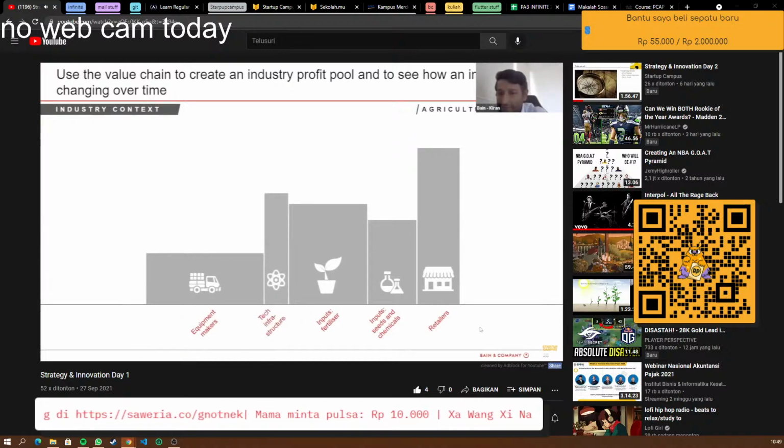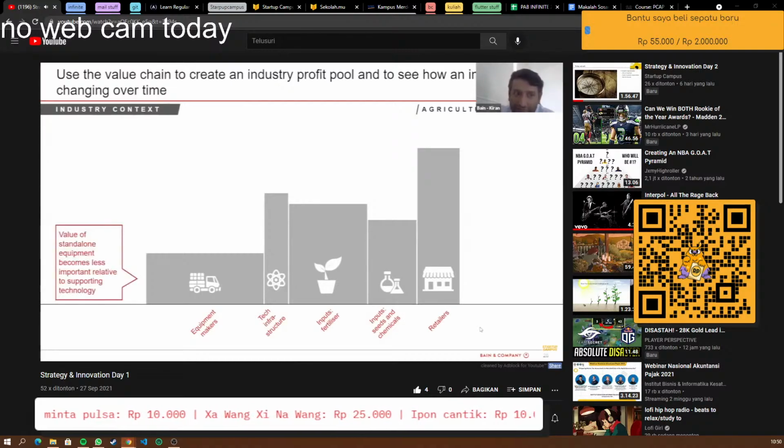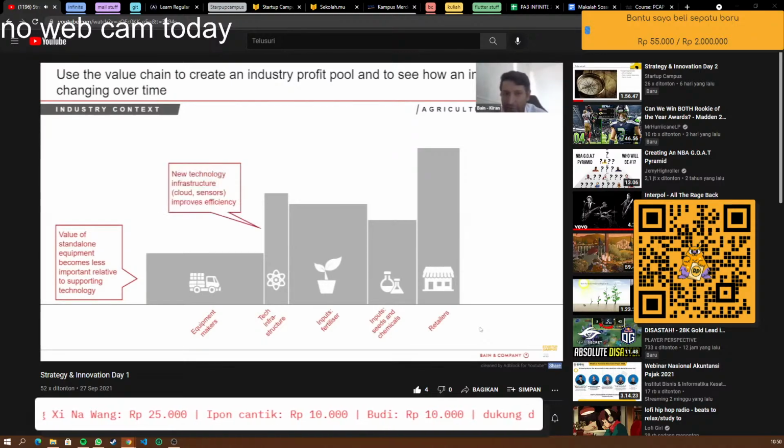Over time, that value chain changed because a new part came in, which is the tech infrastructure, right? Suddenly, the value of the standalone equipment becomes significantly less important relative to the technology itself, which means in the future, that technology bubble is going to grow, right?